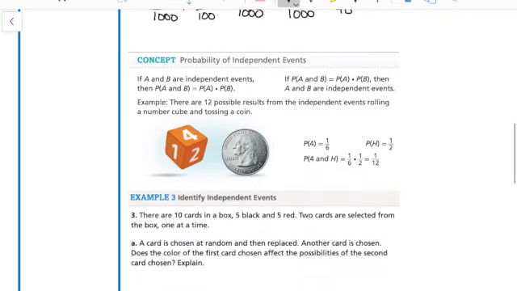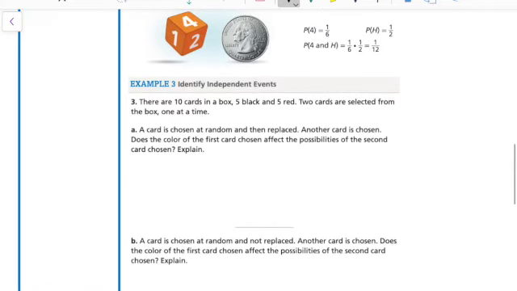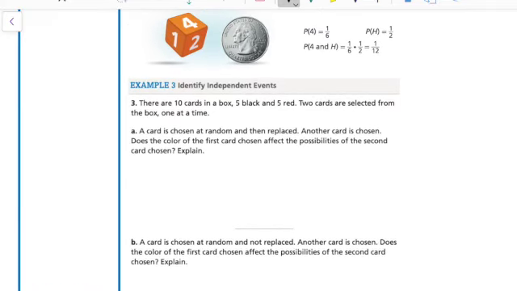But let's keep on rolling for the last little piece here, independent and dependent. So remember, if you are independent, that means that you are doing it on your own. What you do and what someone else does, it does not matter. What you do does not depend on what they do, right? So here's some examples. We have 10 cards in a box, 5 are black, 5 are red.